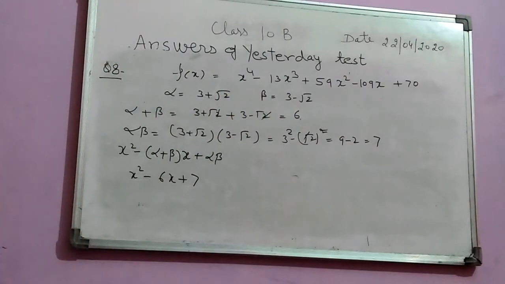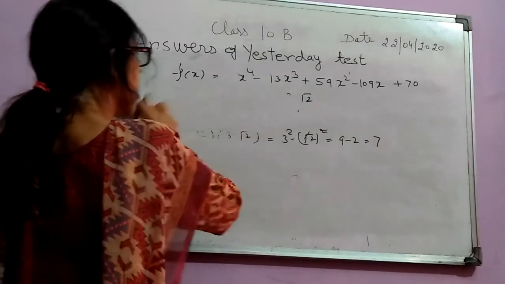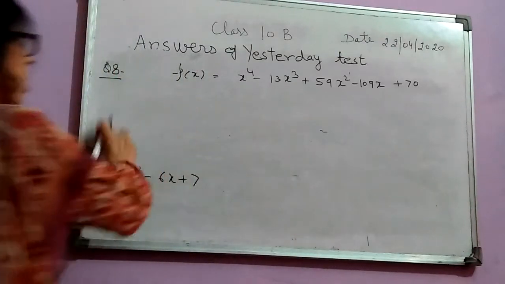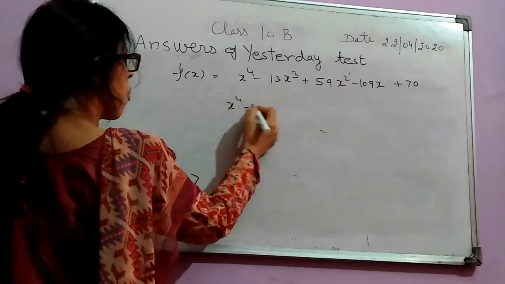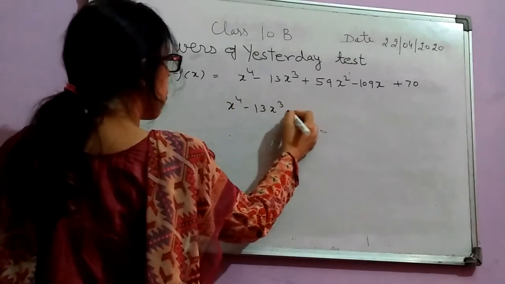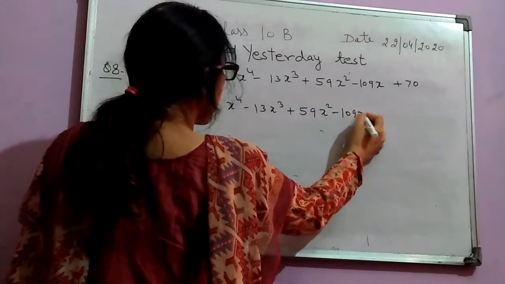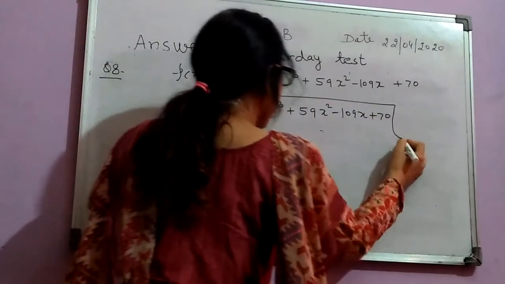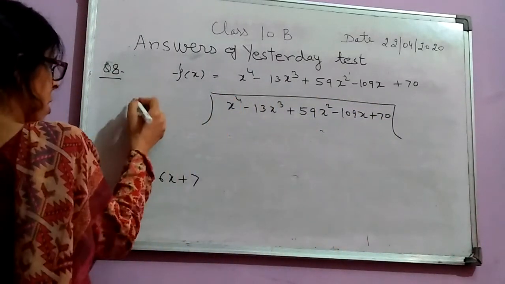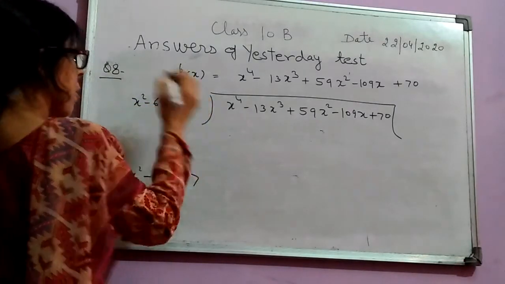For this you have to apply long division. Divide x raised to power 4 minus 13x cube plus 59x square minus 109x plus 70 by x square minus 6x plus 7.